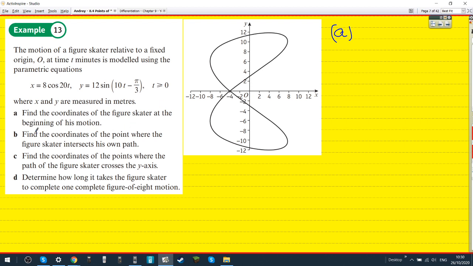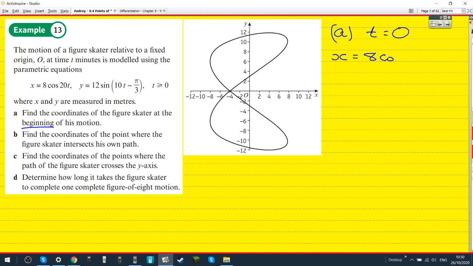What is the value of t at the beginning? I'm going to assume 0. Good assumption. We want coordinates. And then I just sub in 0 for both equations.